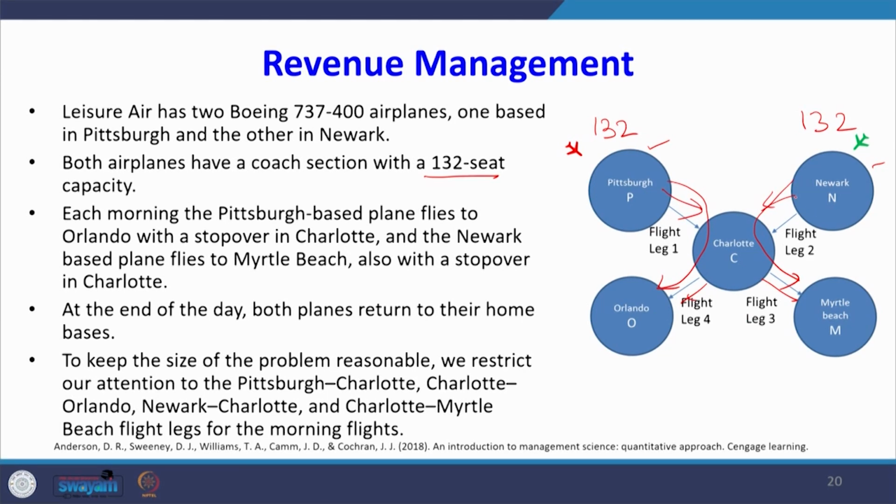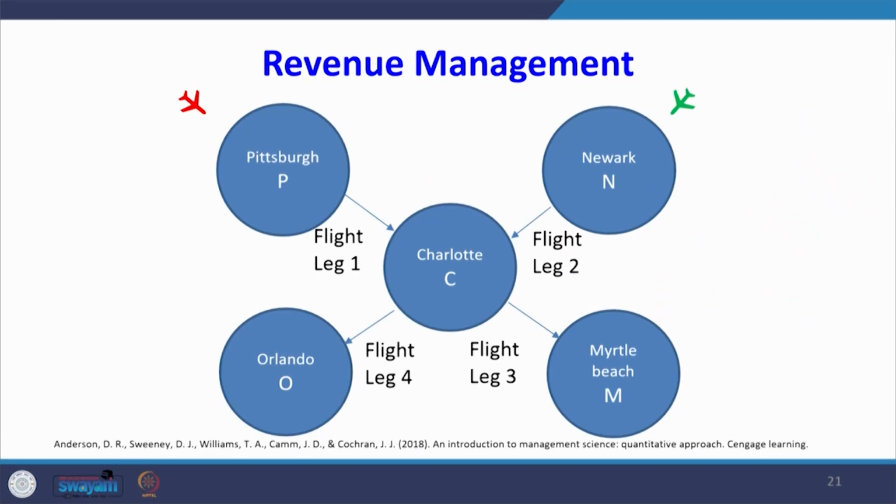So we are considering only four legs. We are not considering the return of these two flights, only one way. This flight starts here and goes to Orlando via Charlotte; this flight starts here and goes to Myrtle Beach via Charlotte.